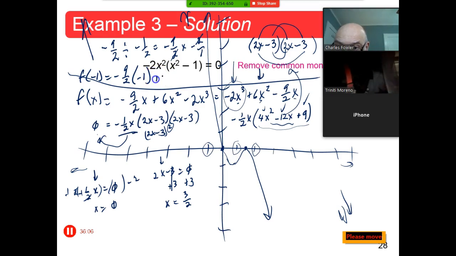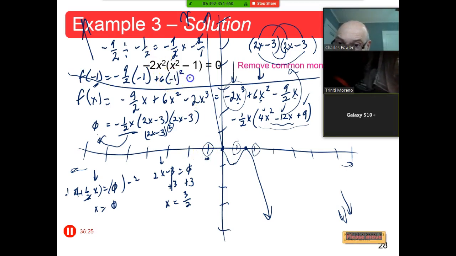Okay. Plus 6 times what you plug in for x. Anybody with me? Yeah. What do you plug in for x? -1 squared. Minus 2 times what? -1 cubed.